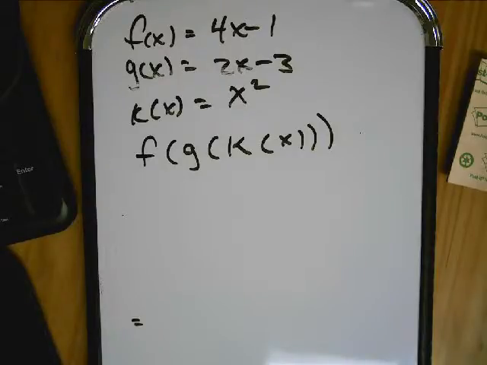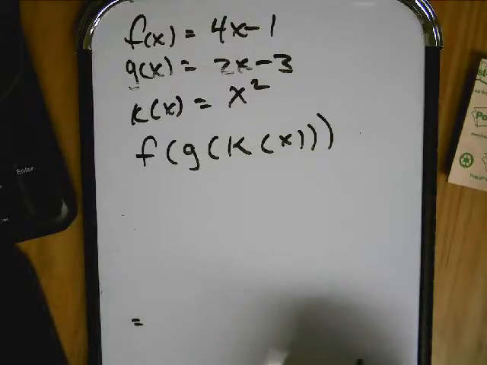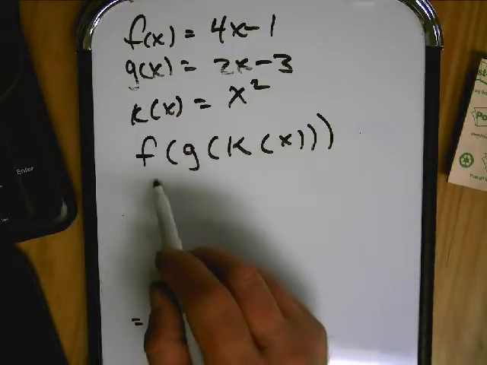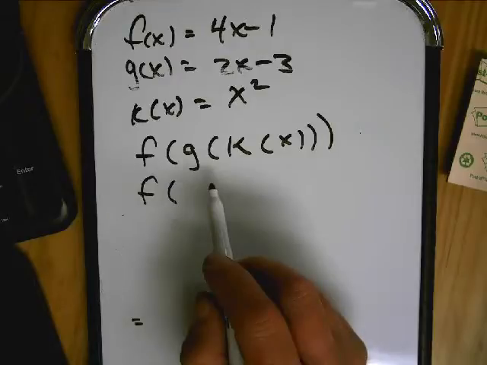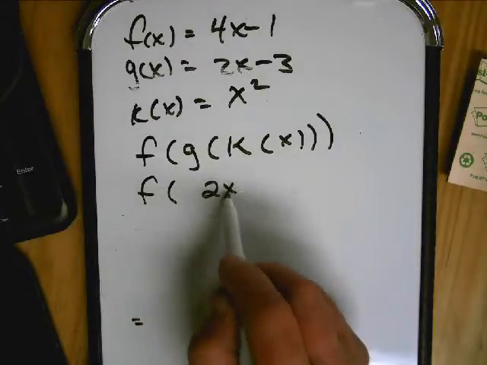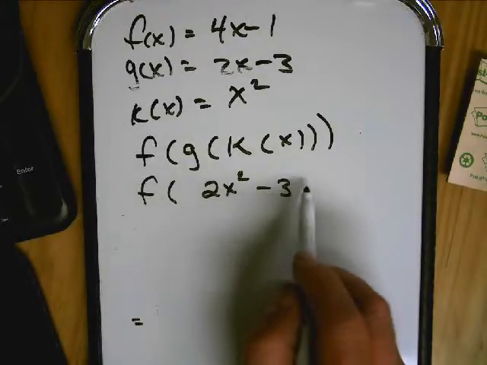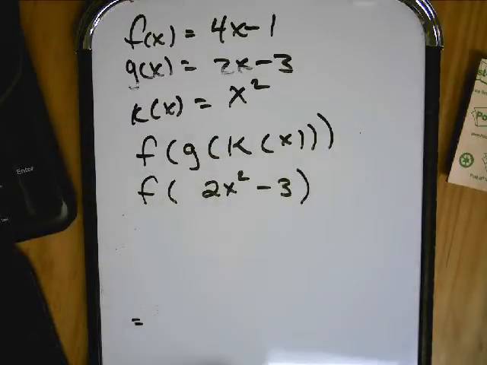So, where do I start when I nest these functions inside each other as a composition? You start with k, and where are you going to put k? Into g. Very good. So I've got f of 2x squared minus 3. Now what do I do with that?